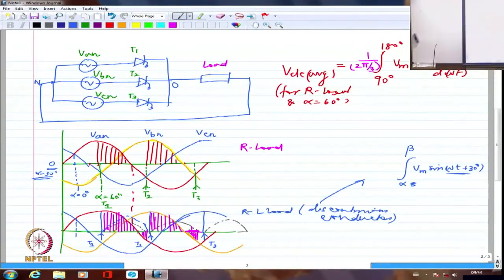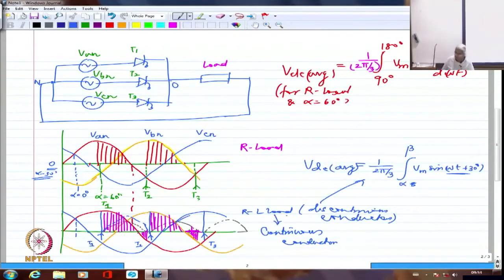So this now has to be averaged over 1 by 2 pi by 3. This will be VDC average. Whereas if it is continuous conduction, if I am going to have continuous conduction in RL load, then I am going to have this to be 1 by 2 pi by 3 again, no doubt.